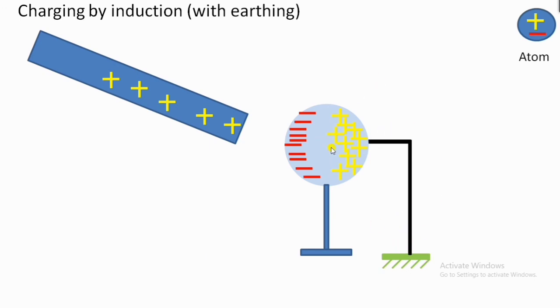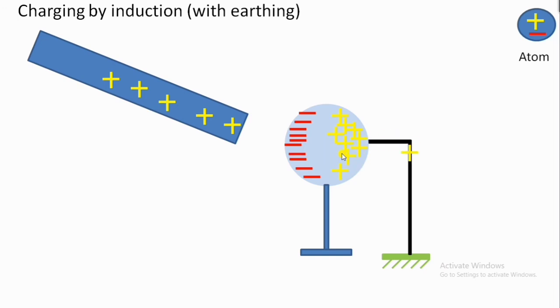So out here this positive charge will move to the earth, but in reality positive charge does not move. So the electrons from the earth will move to this side, making this neutral. So we can say positive charges are going down, but in reality electrons are coming from the earth and making this positive side neutral.